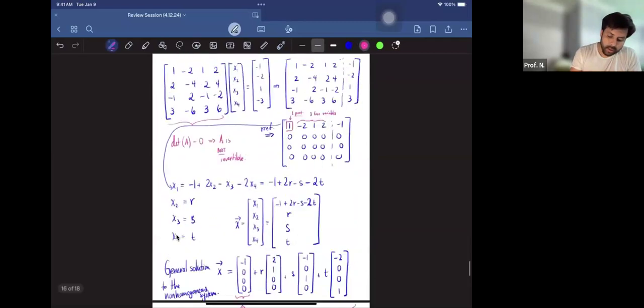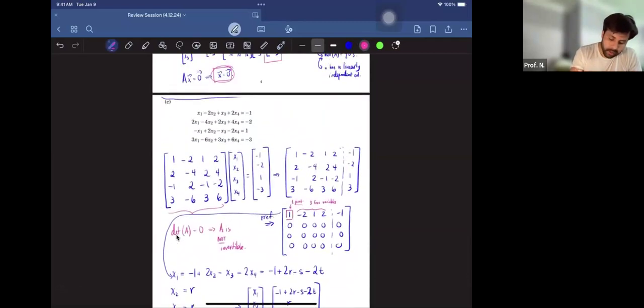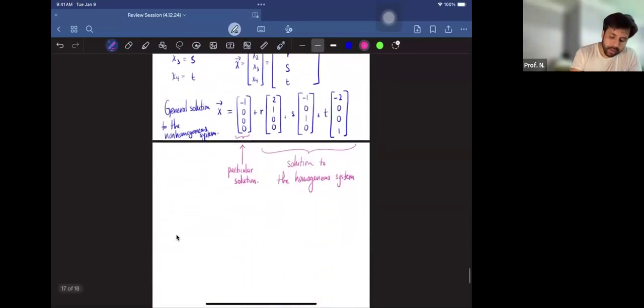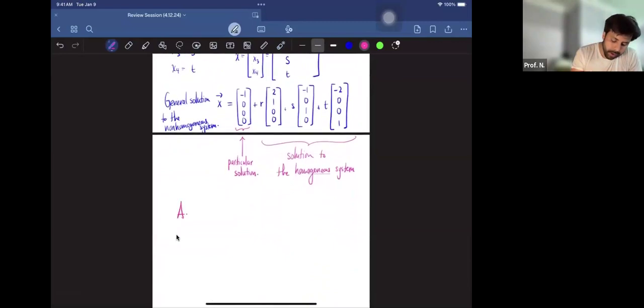So if this is A, right? And I do A multiplied by -1,0,0,0 plus any combination of R, S, and T. So let's call this particular solution XP, and call this the general solution, call it XG for general.